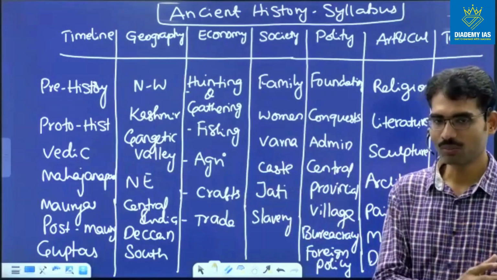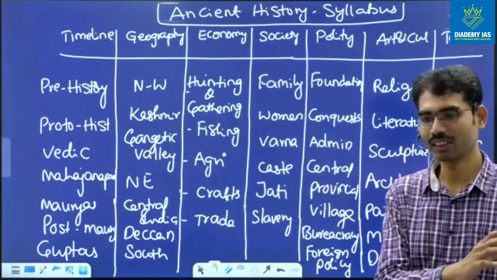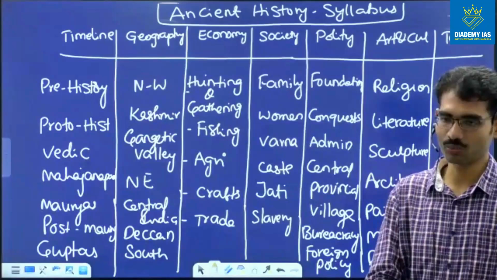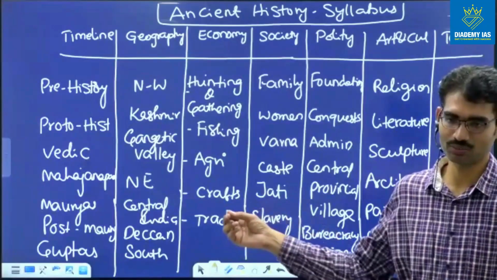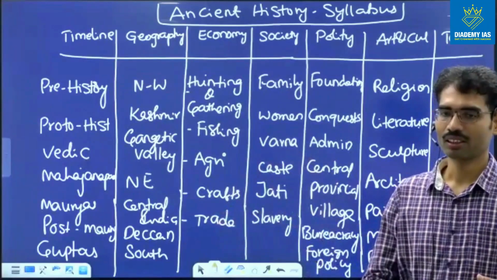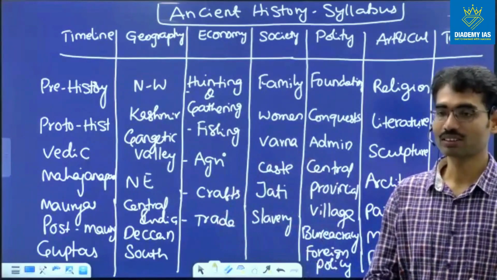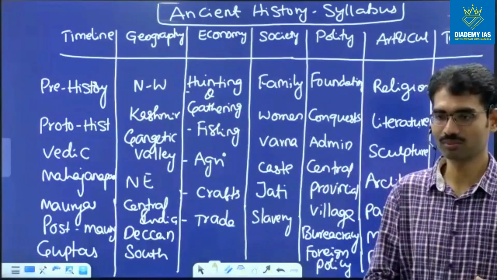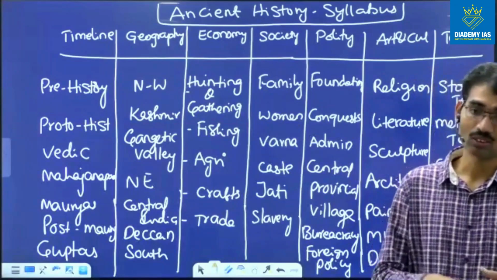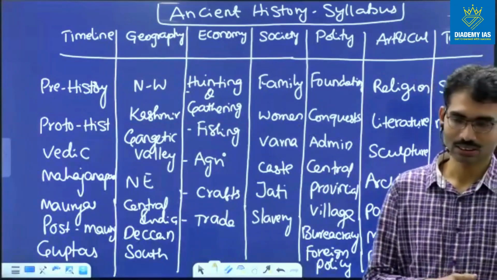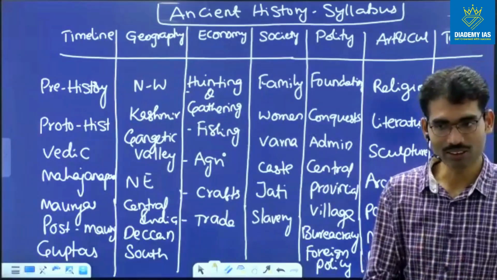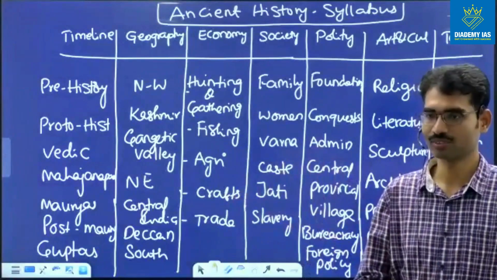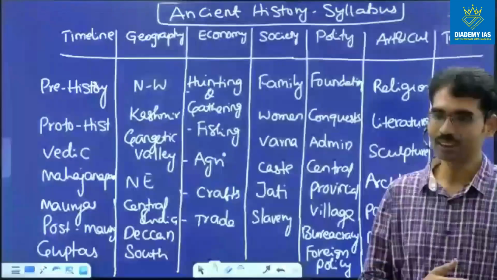If the question is more about how society was liberal, fine. But if the question is saying there were so many restrictions on women, then when it comes to socio-religious reform movements, it is one of the crucial areas where our socio-religious reformers worked very hard. The practice of sati was prevalent, and you need to highlight that, because Raja Ram Mohan Roy fought very hard to eliminate it. Women's literacy was very poor.